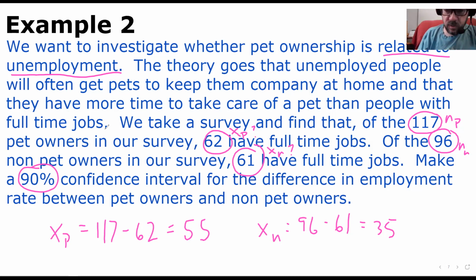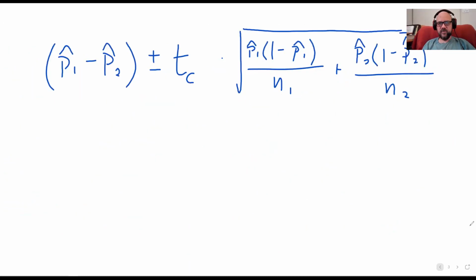So I'm going to have n equals 1, and p equals 2. Where the 1 and 2 are referring to the subscripts in the formula that I'm going to use, this formula here, right? So I'm going to do non-pet owners minus pet owners, just so the expected number comes out to be positive here. All right, let's see how that turns out.